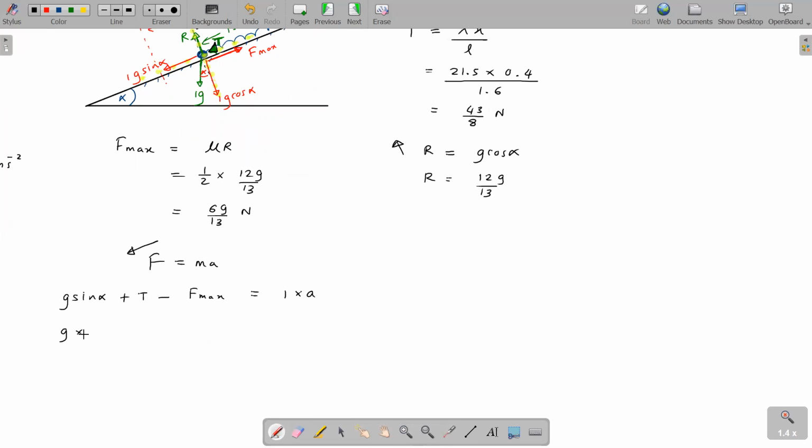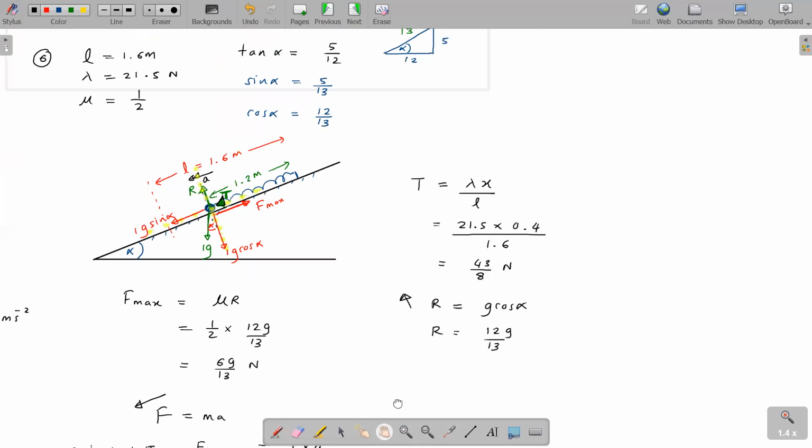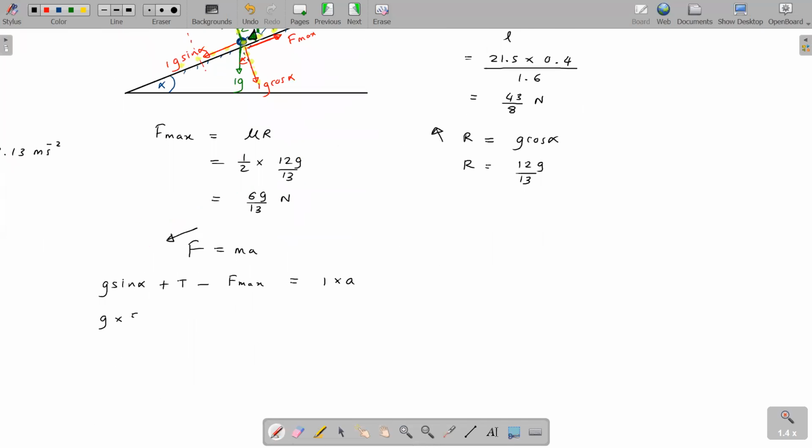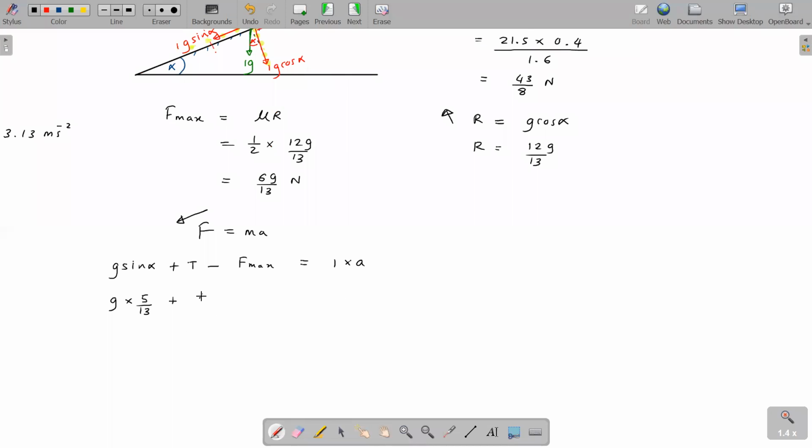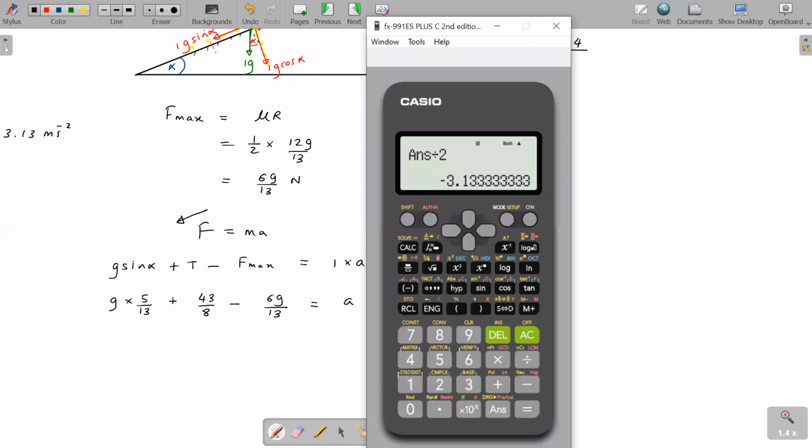G, what is sine alpha? Sine alpha is 5 over 13. Plus tension is 43 over 8, minus F max 6g over 13, equals a. Let's give g as 9.8 and get the answer.